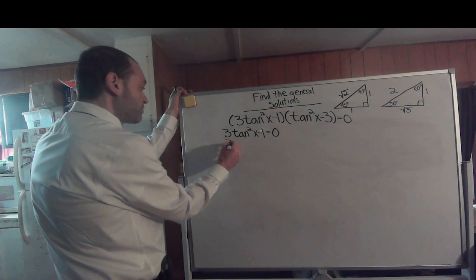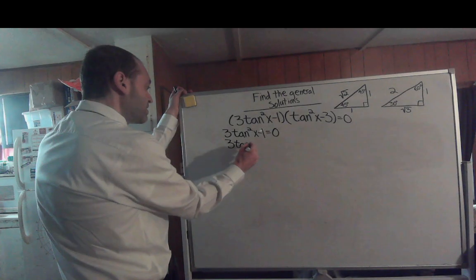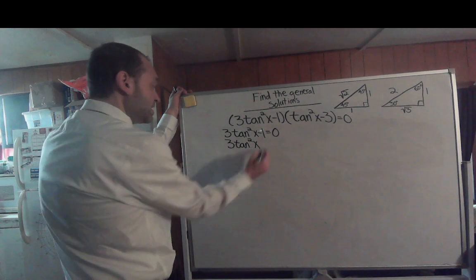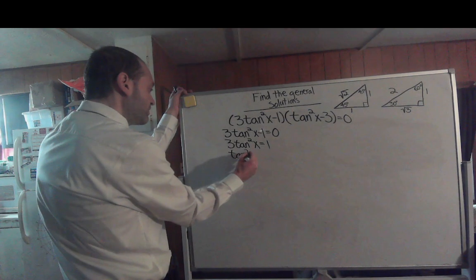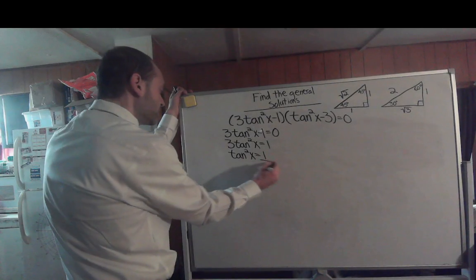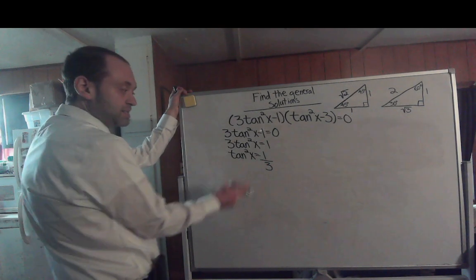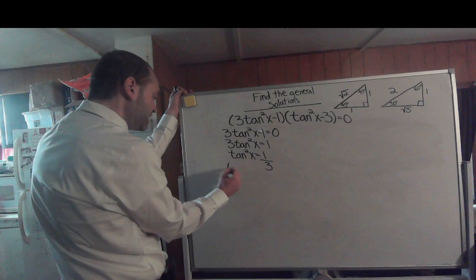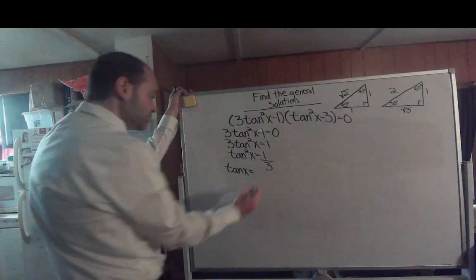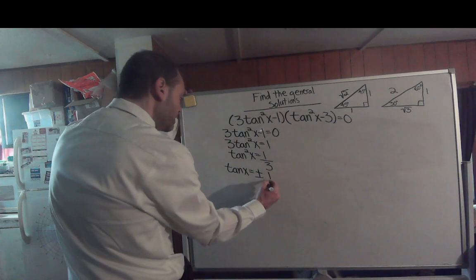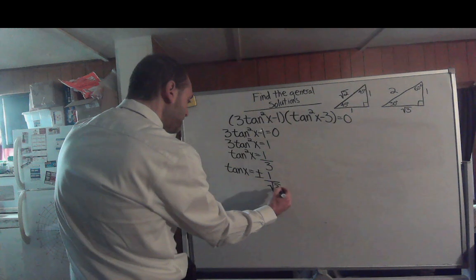So you would get 3 tangent squared of x equals 1, which would give you the tangent squared of x equals 1/3. Take your both positive and negative square roots, you would get the tangent of x equals plus and minus 1 over the square root of 3.